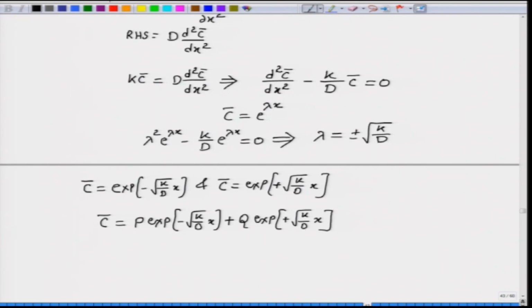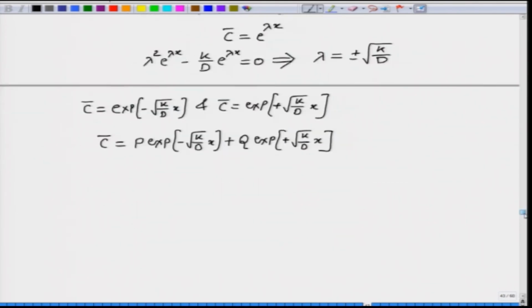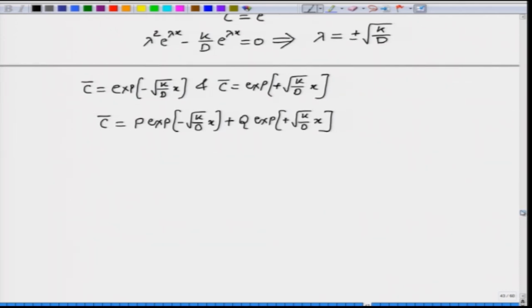We can determine one of them straight away based on looking at our boundary conditions. Now, what happens here if x is infinity? The first term will be 0, as x tends to infinity, the first term will tend to 0, but the second term will tend to infinity, right.